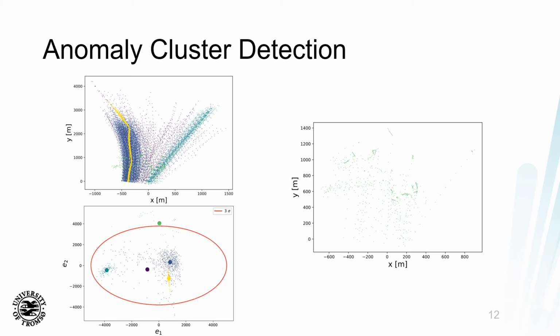We facilitate this by evaluating the means of the various Gaussian distributions that comprise the Gaussian mixture model, and we then threshold the means. If the mean of a certain cluster is outside the 3 sigma confidence interval for the entire data set in the subspace visualized here, then we classify this as an anomaly cluster.